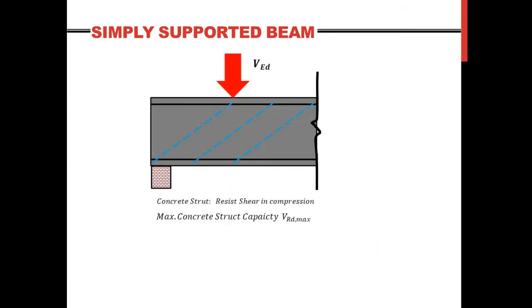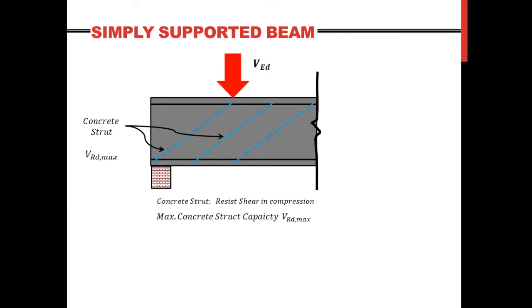What you observe here in blue dotted lines are the concrete compression struts, and they exist normally in concrete. Since concrete happens to be good in compression, they are there to take care of the second failure type, but certainly that is up to certain limits.